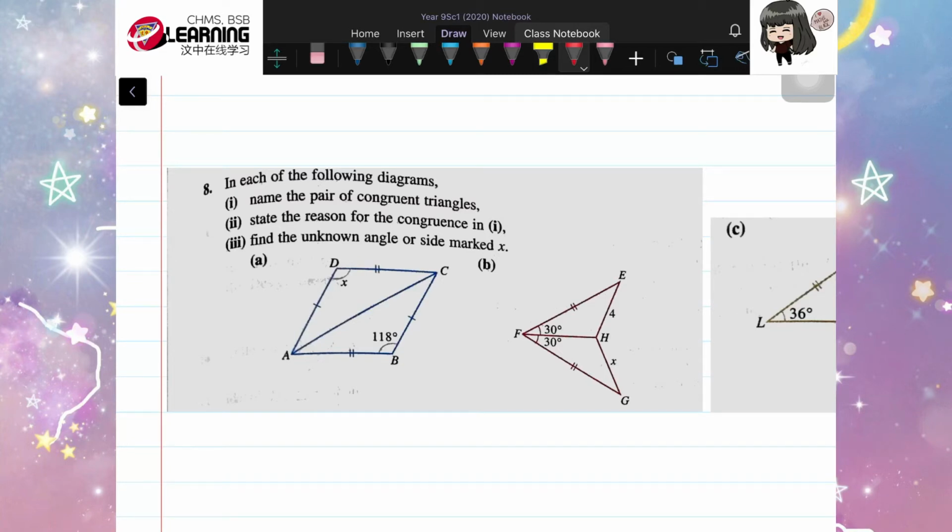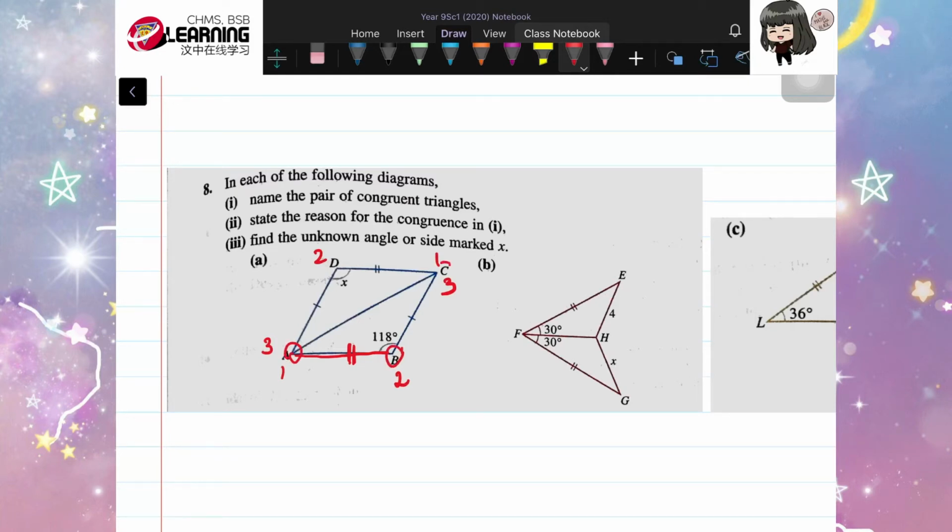Let me see which one first. If A is my first one, B is my second one, C is my third one, therefore the other one must correspond the same way. So this one will start from C and then D and then A. Why is that? Because you see 1 to 2 here is AB. There's a double bar here.